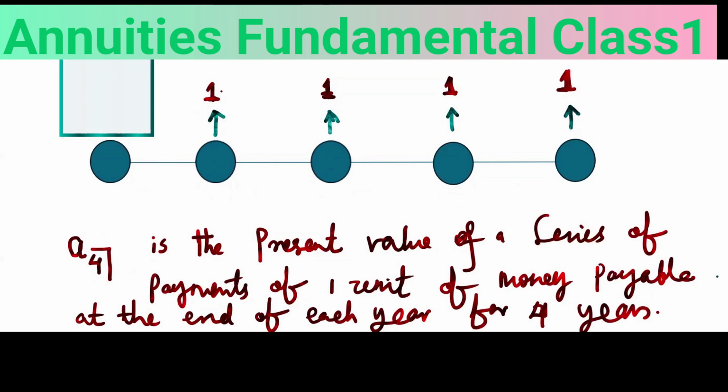When you pay these amounts as part of a company, there are so many payments you need to make. I didn't write any years here, 0, 1, 2, because A4 will work when you have any period, not necessarily year, it could be month also.